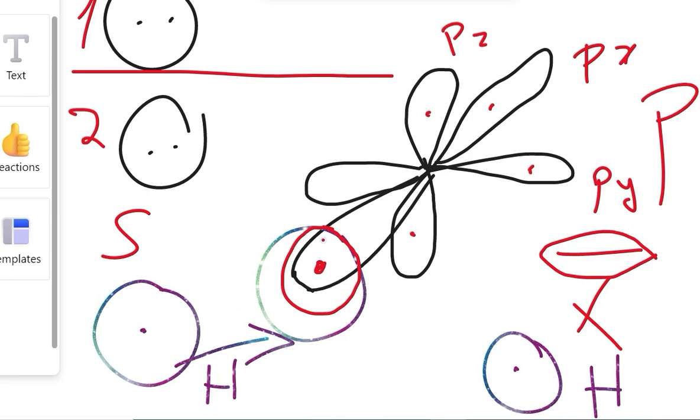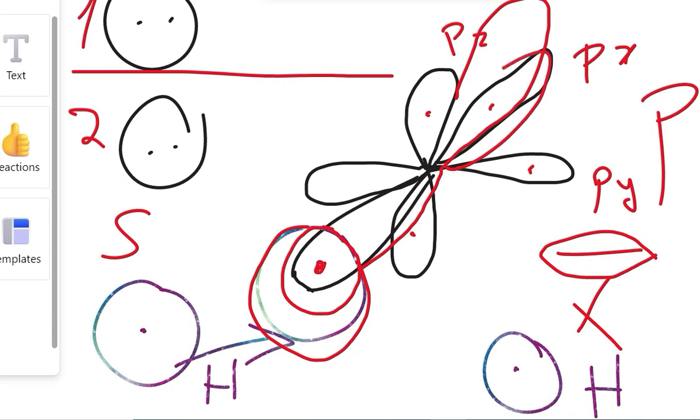So now when the H is bonding to this px, all the space, because this is one orbital, so all the space here, px plus the hydrogen, is becoming like one molecular orbital, we call it, because now it's a molecule.